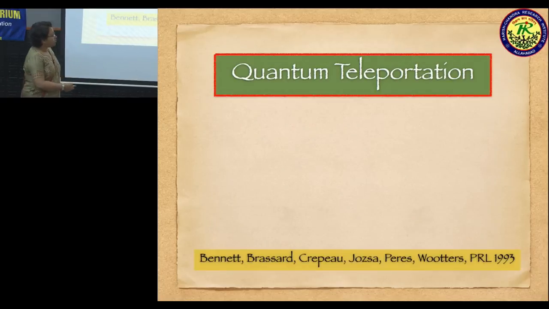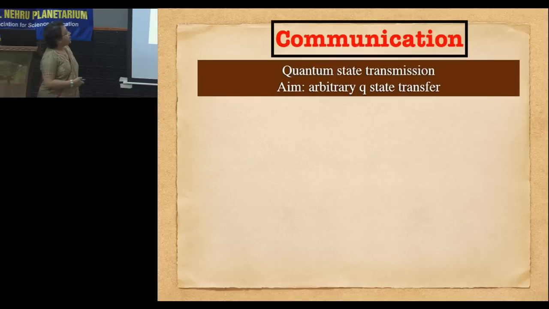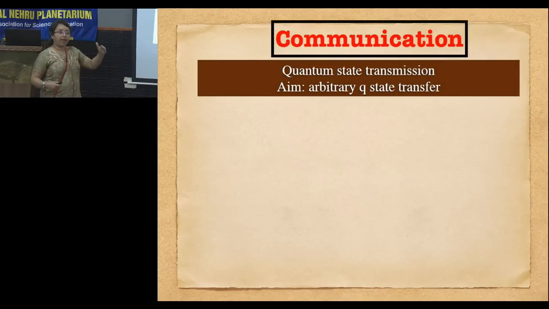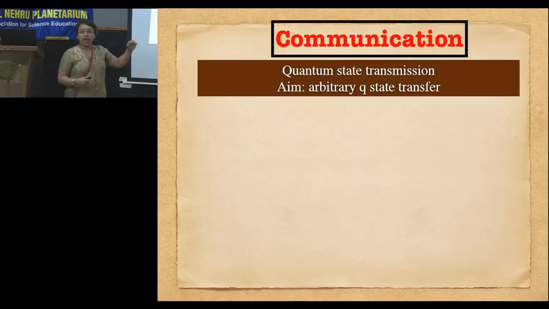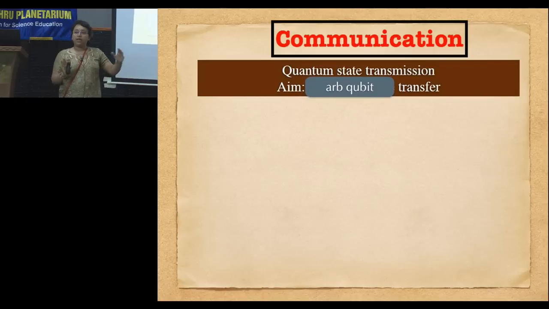It was introduced in 1993 by these 6 people. Now, as I said, Alice's aim is to transfer an arbitrary quantum state to Bob. For example, we can consider an arbitrary qubit, a 2-dimensional quantum state.